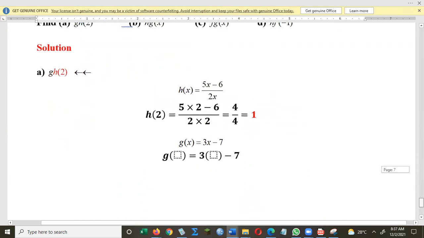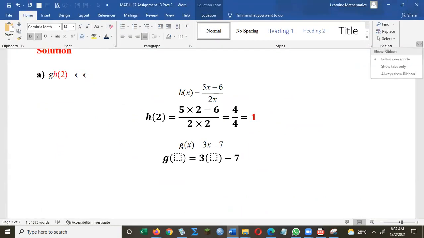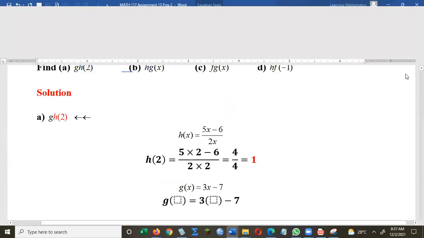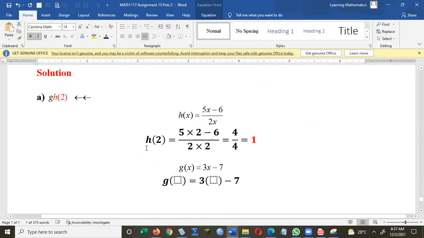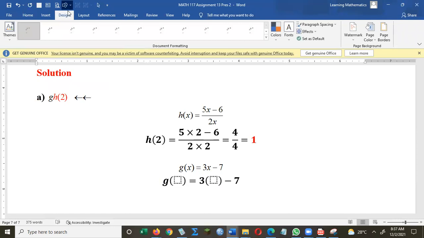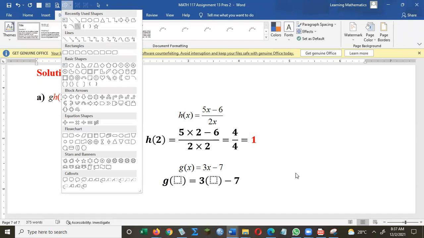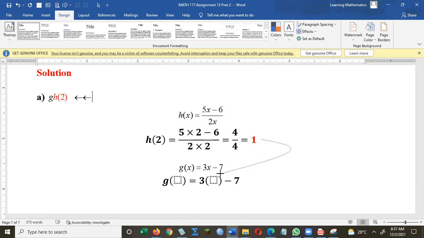So that's why we're creating brackets. All right, that's why we are creating brackets. You know why we are creating brackets? Because that H of 2 we found to be 1. We are going to substitute it into the brackets.